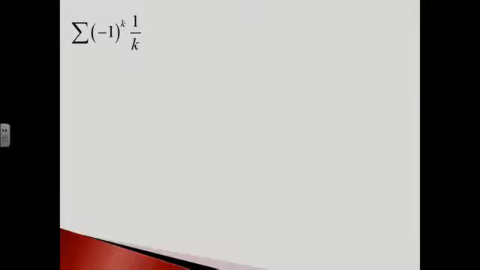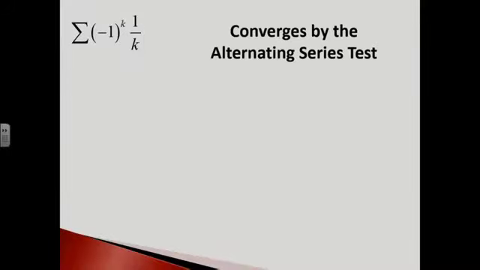We have the limit of a_k as k tends to infinity equals 0, and the sequence a_k is decreasing. Thus, the alternating series test tells us that the given series must converge.